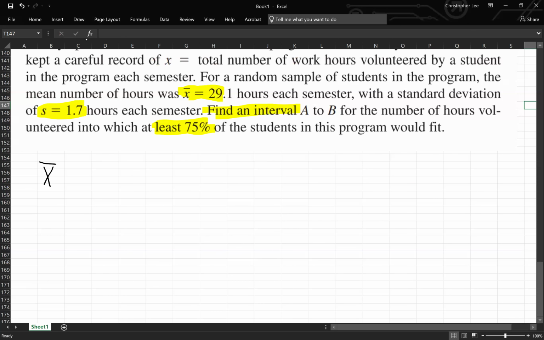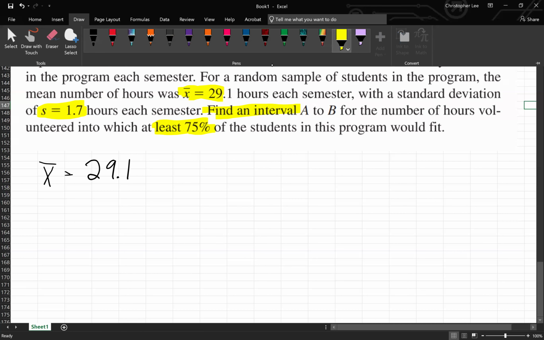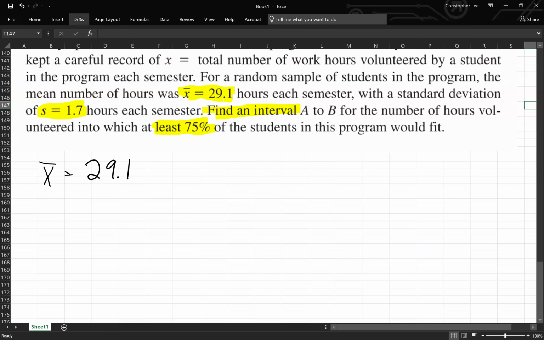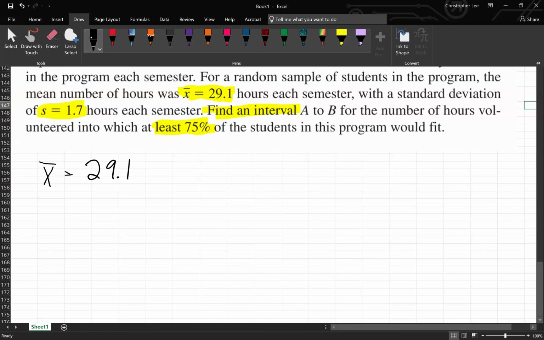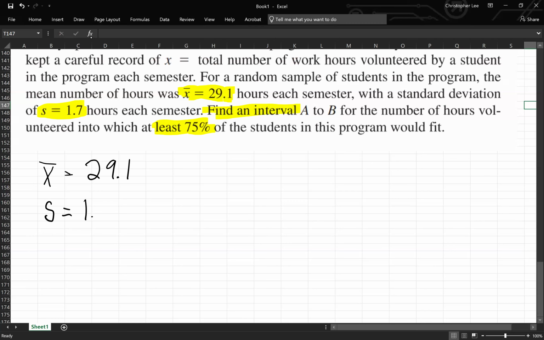X bar is equal to 29.1. Should have highlighted that too, my mistake. Our sample standard deviation is equal to 1.7, and then you can just go straight into Chebyshev's theorem. Even though we know what the answer is, just humor me for a second.